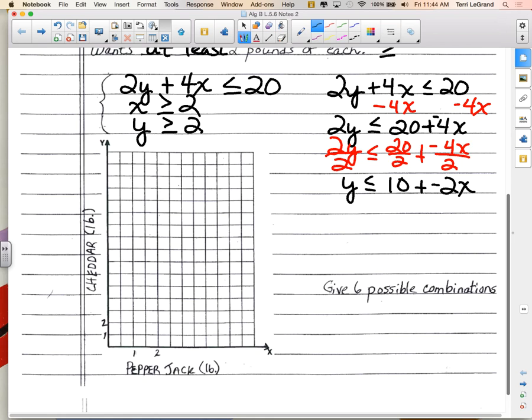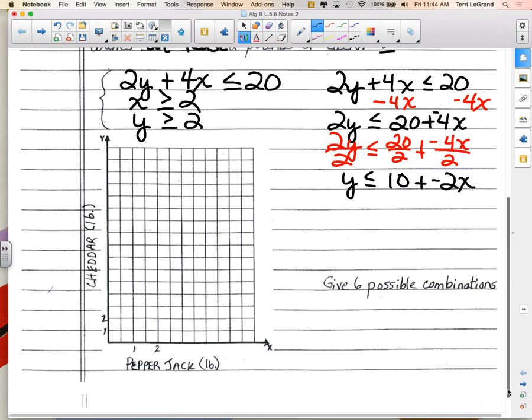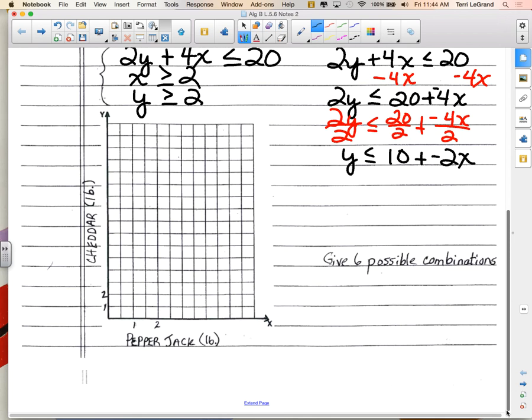After you have that one ready, go ahead and get it graphed, shaded, the whole works, before we even move on to the others. We gotta do these one at a time so we don't get too confused.